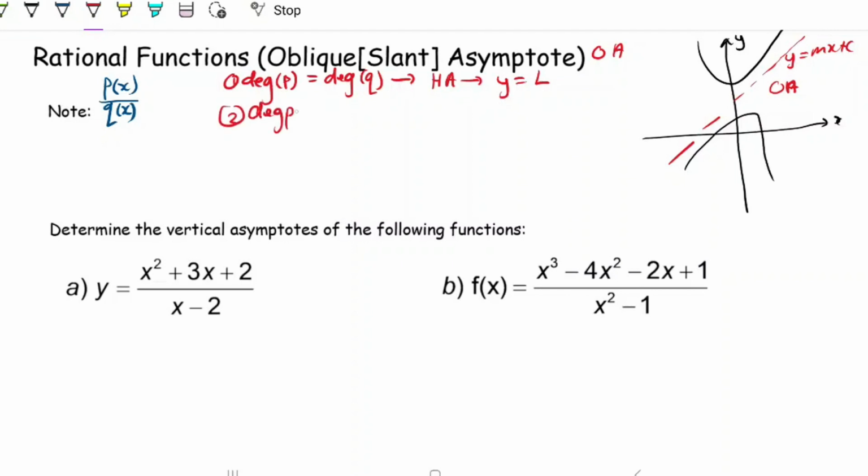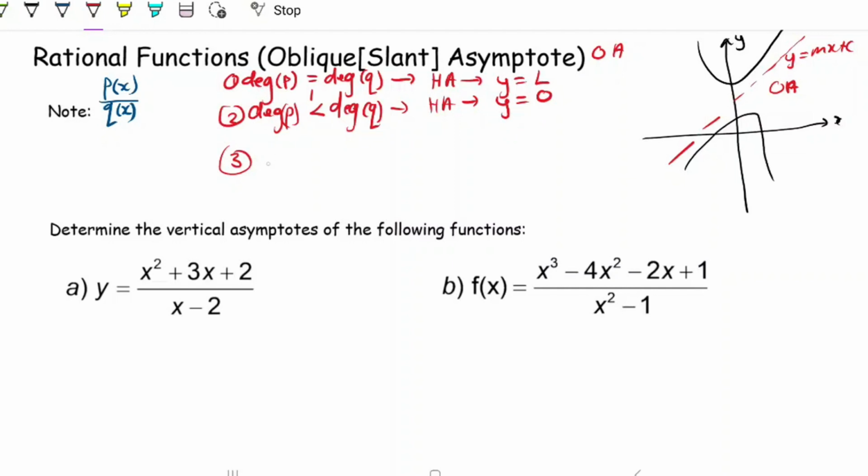If the degree of P is 1 less than the degree of the denominator, there exists a horizontal asymptote given by the line y equals 0. That is just the normal way of calculating that asymptote.